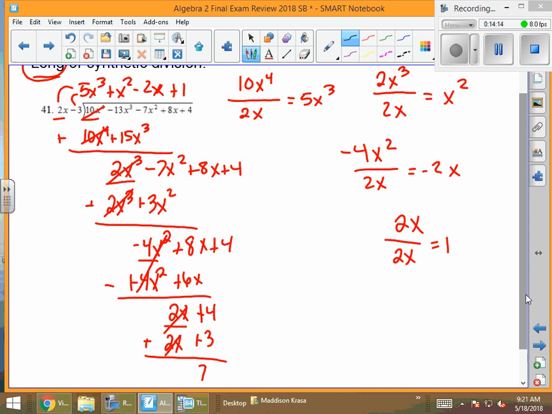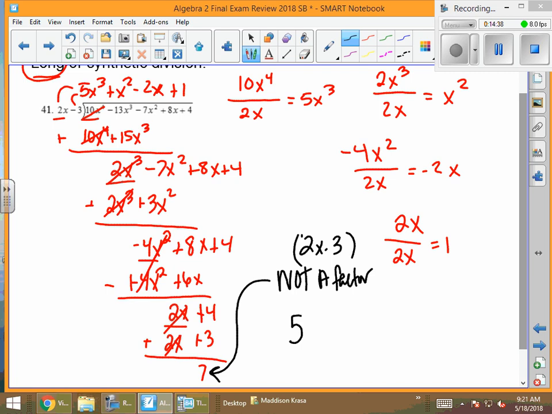So to write your final answer, first of all, we know that 2x minus 3, our divisor, is not a factor. And that's because we got a remainder of 7. If we would have got a remainder of 0, we know it's a factor. But because we got a remainder other than 0, it's not a factor.